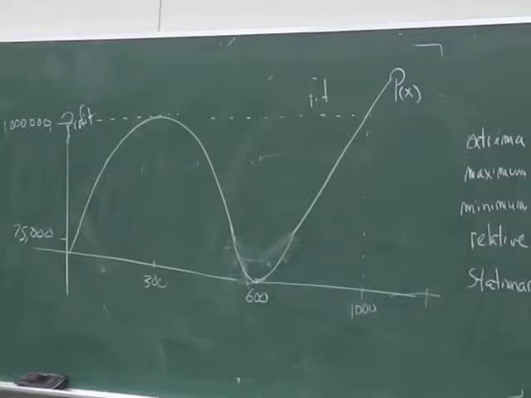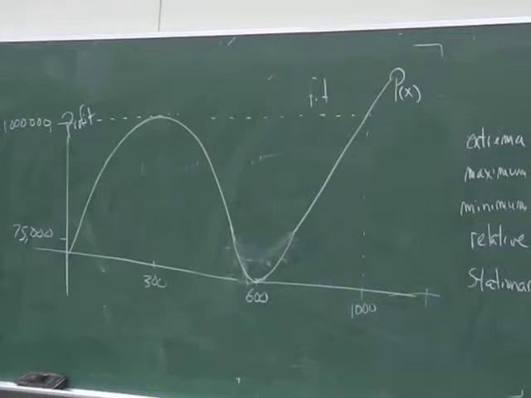The function has a maximum at 300 and at 1,000, right? And what is that maximum? That means what's the height then? When x is 300, what's the height? 1,000,000. And when x is 1,000, what's the height? 1,000,000. So the maximum value is 1,000,000 at 300 and 1,000.